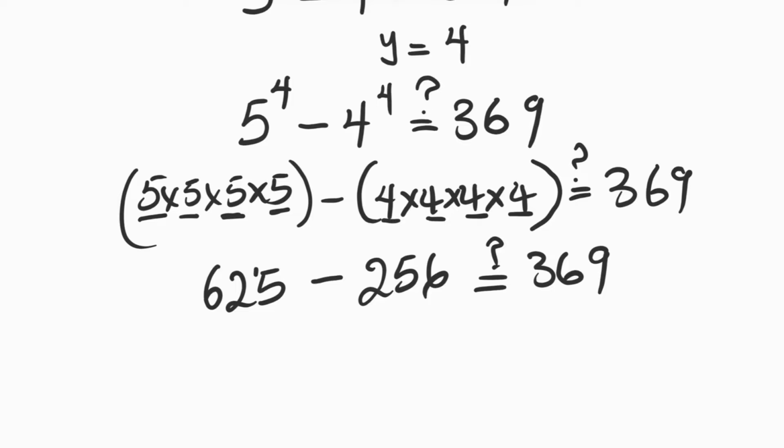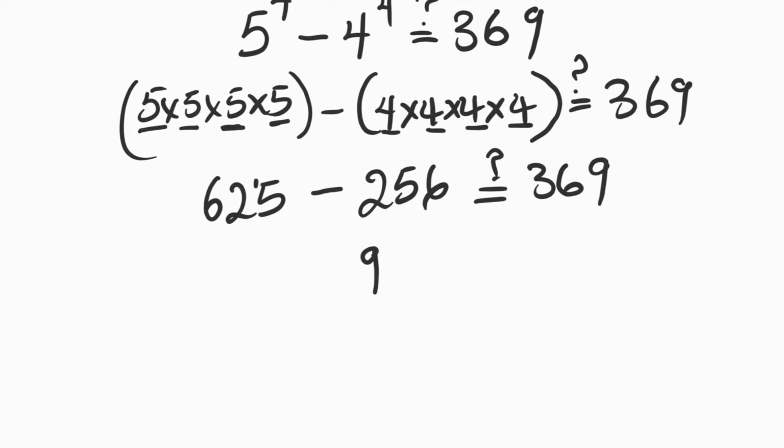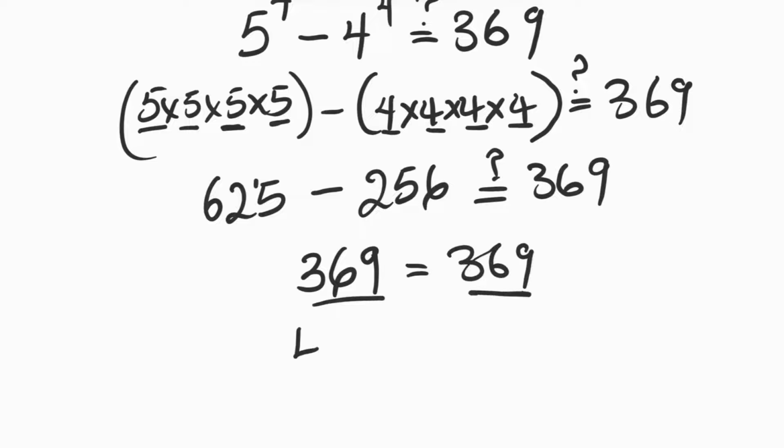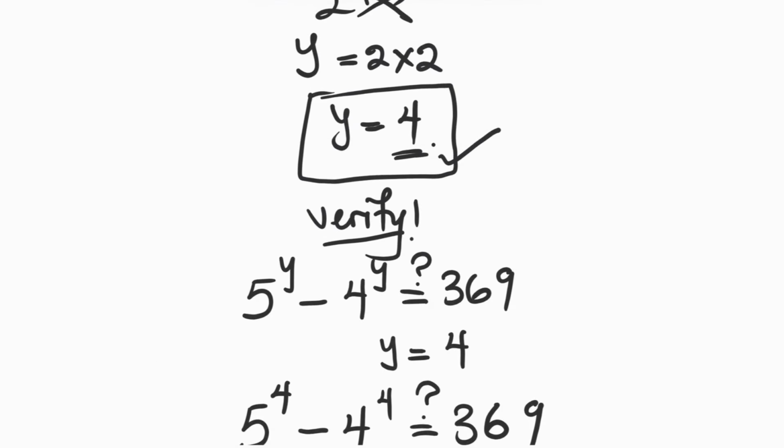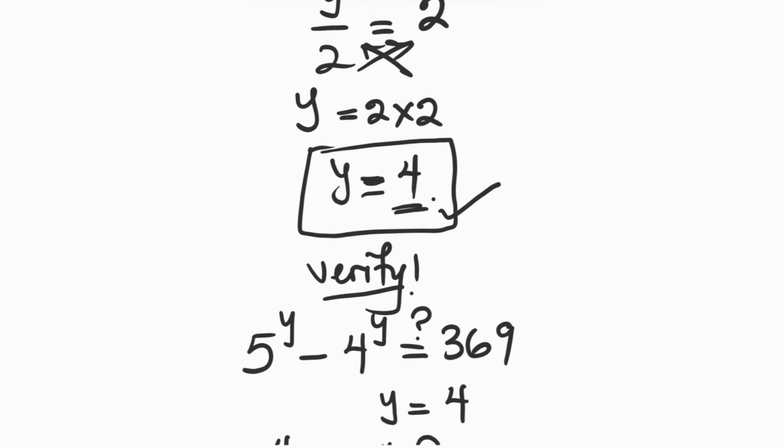So 15 minus 6 gives us 9, and we have 1 here. 11 minus 5 is going to give us 6. 5 minus 2 is 3. So here we can see that our left-hand side is equal to our right-hand side. Therefore, the value for y, which is 4, is the correct answer.